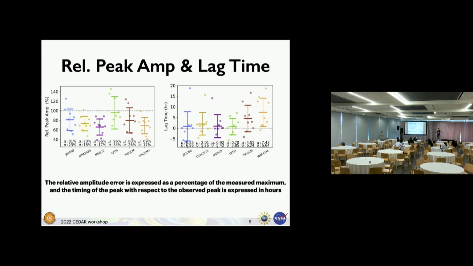And you can also see the lag time: greater than 0 means that the model predicts the peak amplitude happening at a later time. Again, GITM is performing better than the other models in our simulations.